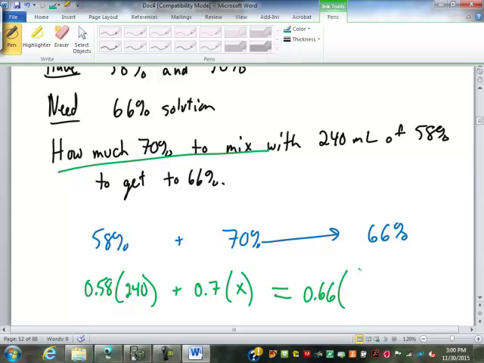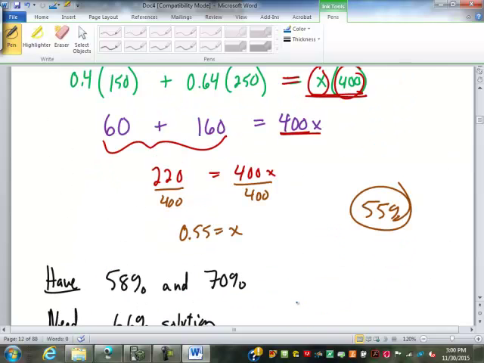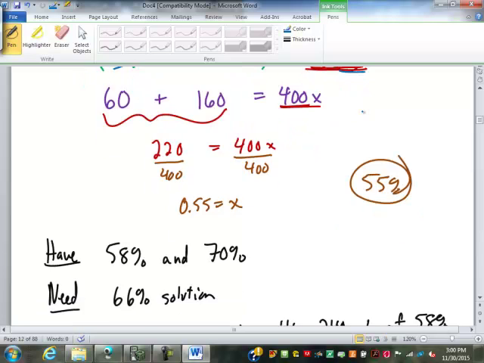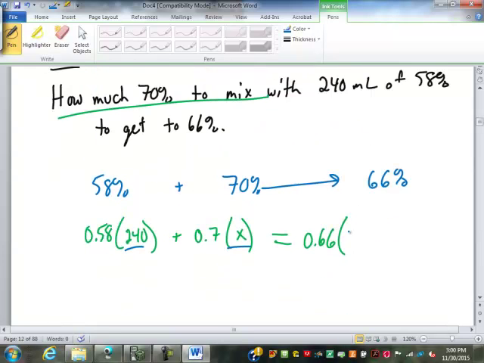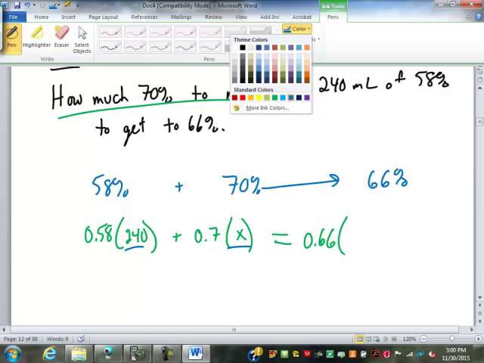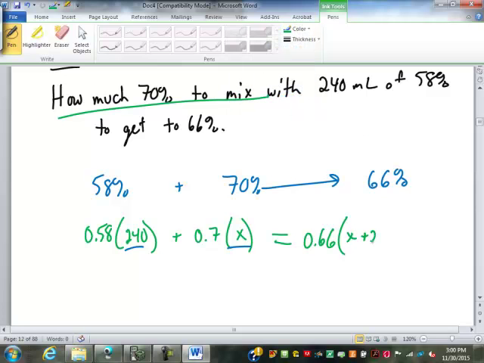Its volume is 240 plus x, because up here it was 150 plus 250 made 400. Same thing down here. I am going to write it as x plus 240 just because we're used to having the variable first.